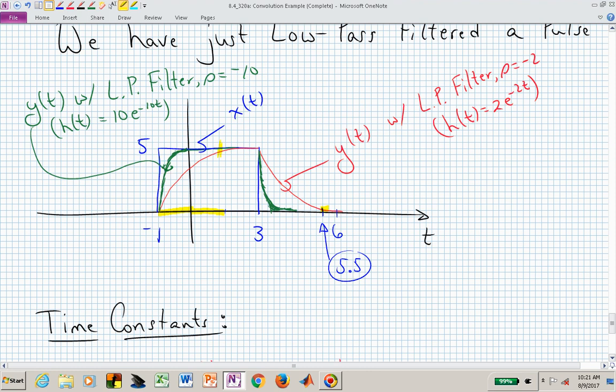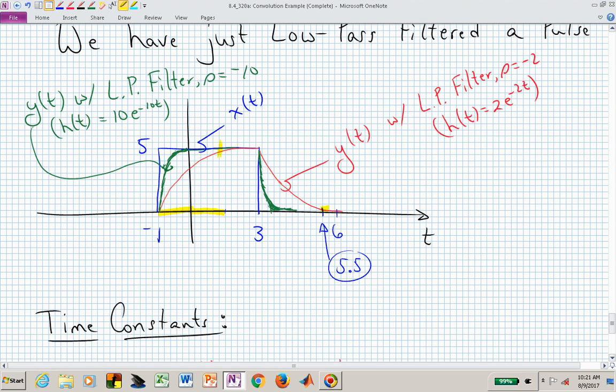Then we lock on to that value of 5 until it gets turned off at 3. And then 1/2 of a unit of time later, or at 3.5, our shark fin now for this wider bandwidth low-pass filter, we're passing more frequencies. Now it looks more and more like x of t than the red pulse.